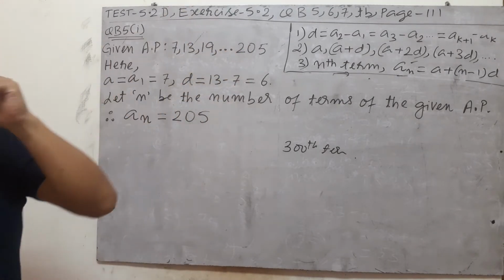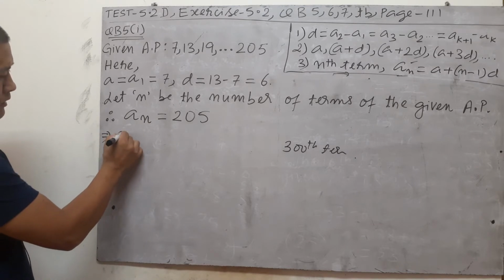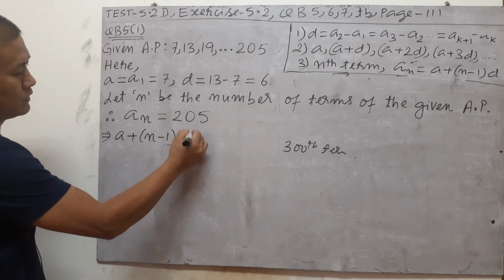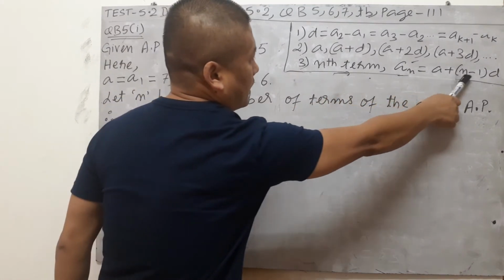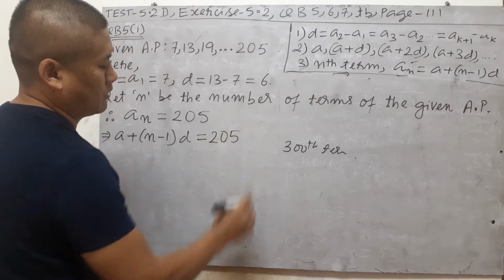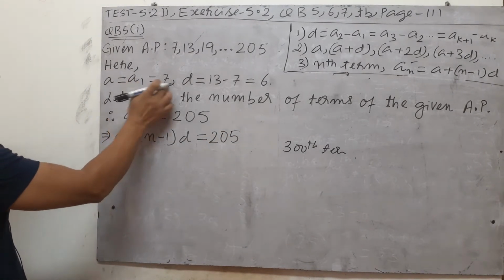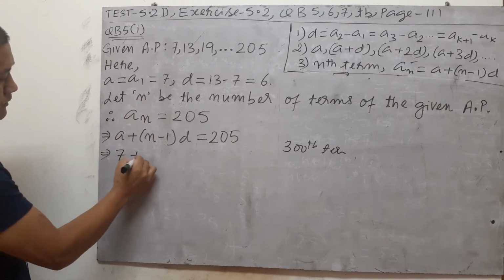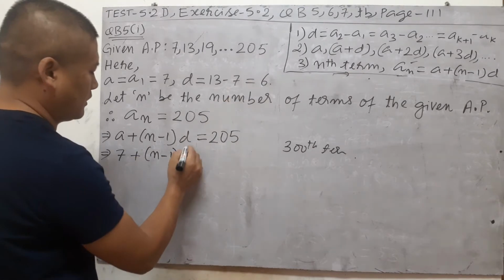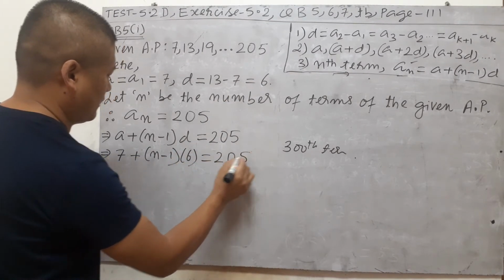So that implies a plus n minus 1 into d, because an is a plus n minus 1 into d, equal to 205, right? Here a, or a1, we know is 7, plus n minus 1, we don't know that yet, d is 6, equal to 205.